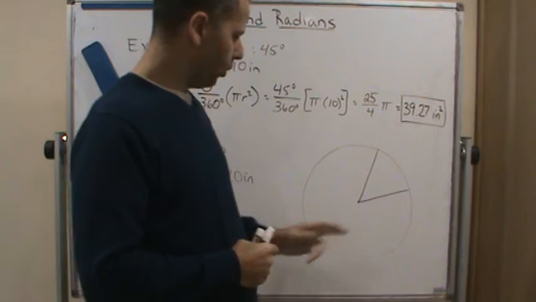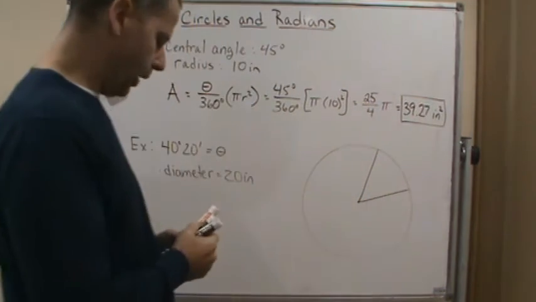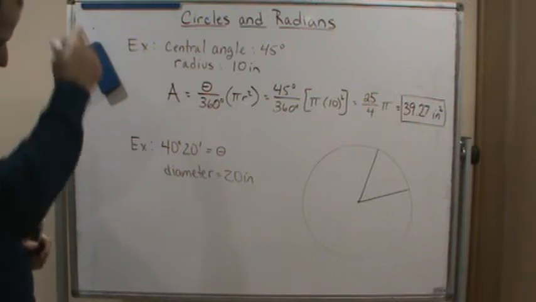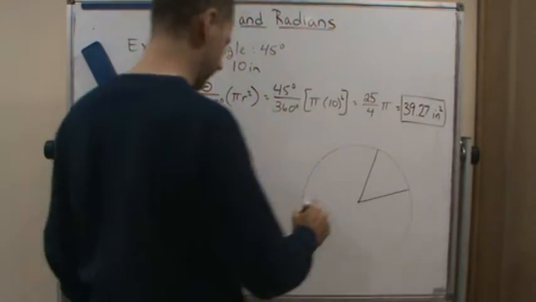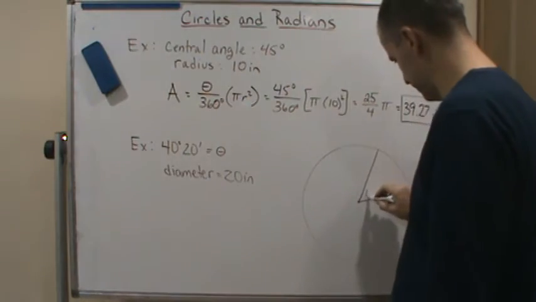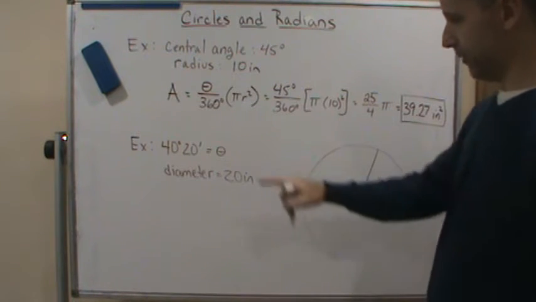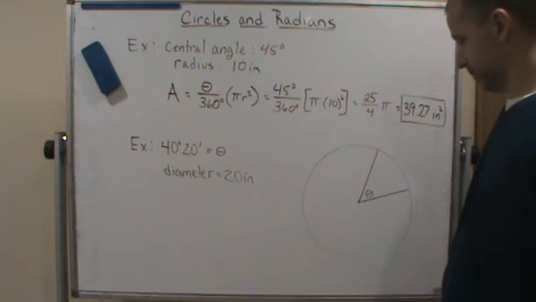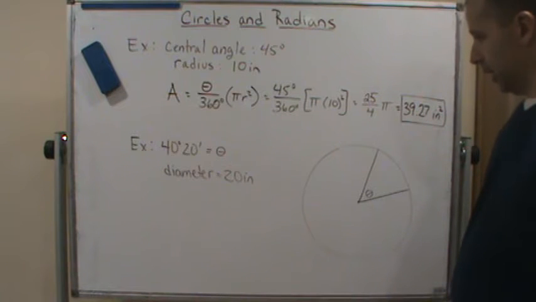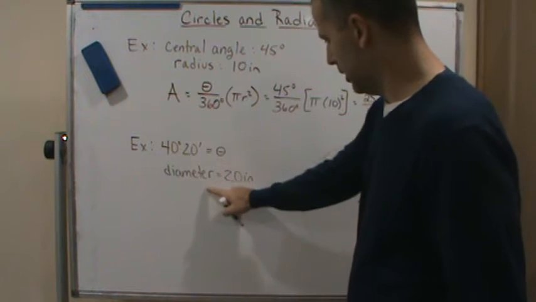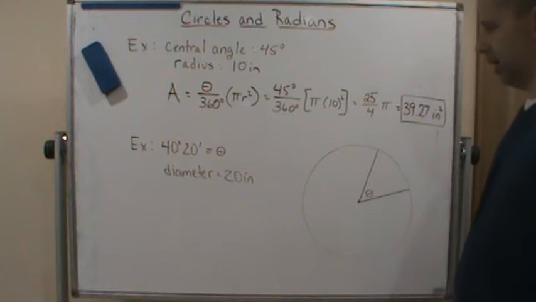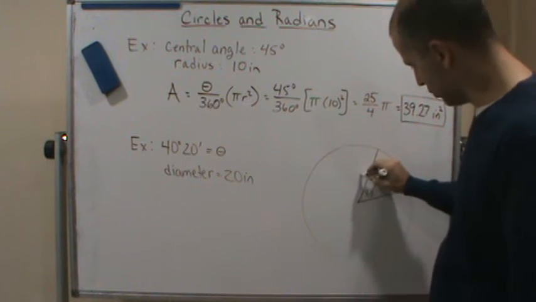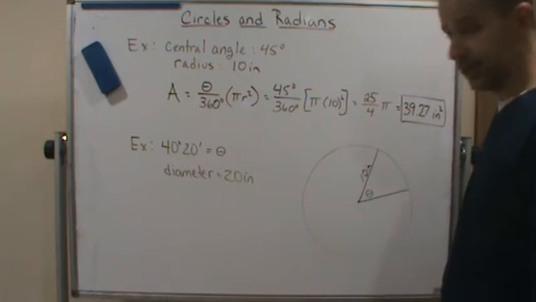So we have to find what piece we have to cut out. The angle theta is 40 degrees and 20 minutes, and the diameter of the circle is 20 inches, which means the radius is going to be 10 inches.